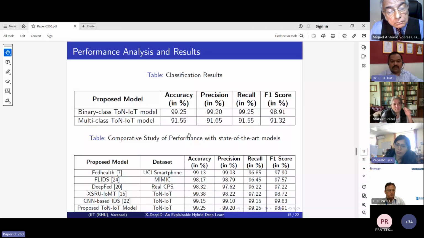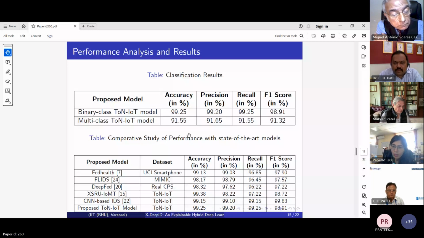So, many of the earlier researchers have reported good accuracy. Yes, sir. But in our method, we are explaining the important characteristics of each feature so that our system can detect attacks in a good manner. Okay. So, what will be the basis of novelty in your work?